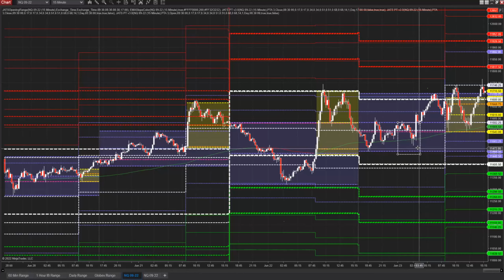Or above and below, or just use these half ranges as the risk for the trade that I'm in, to trade to that and then take profits and stop. And so again, you're using a quantified method.